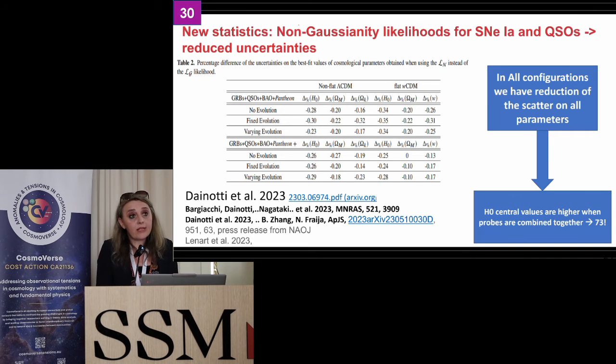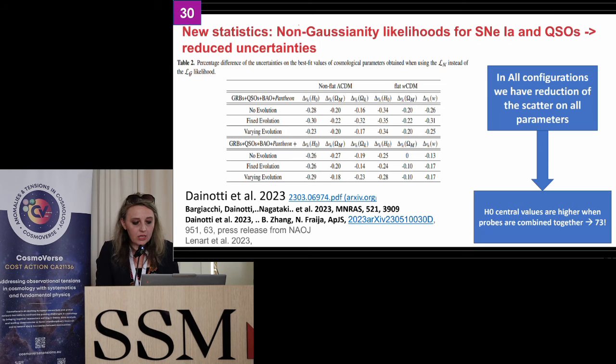We did this exercise both for the flat cosmological models and also for the non-flat cosmological model. And I know that in these days we have been discussing that we should go beyond lambda CDM, and yes, in this paper we actually do that.